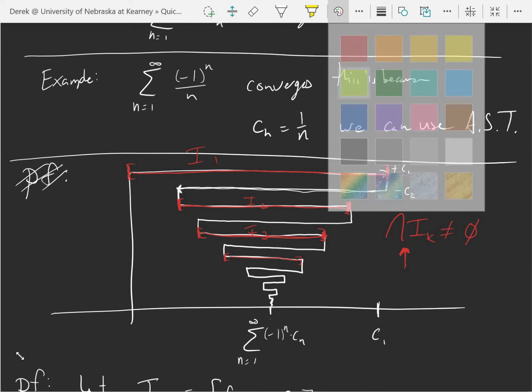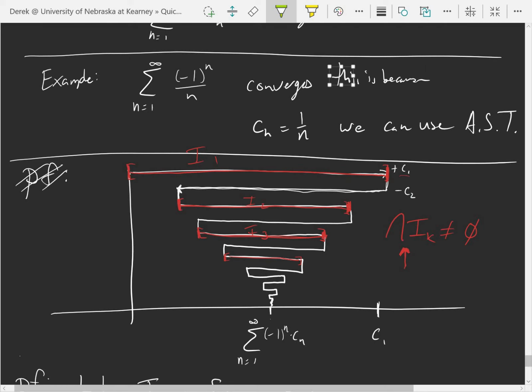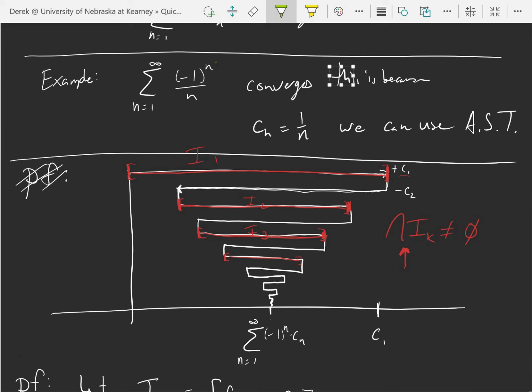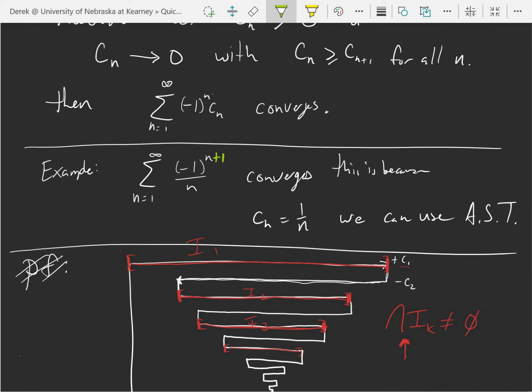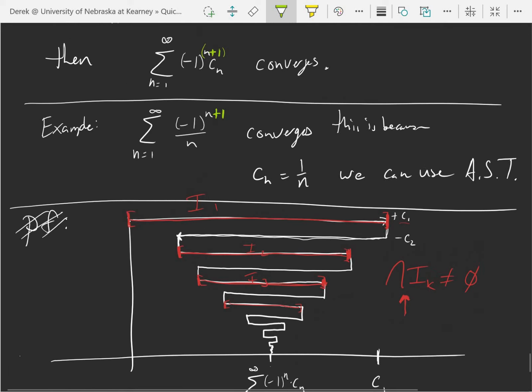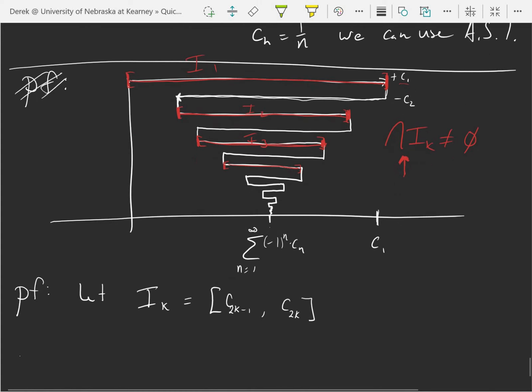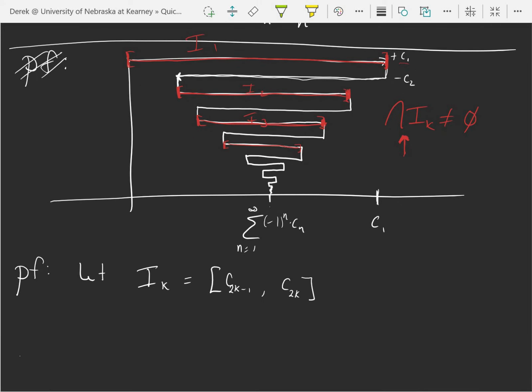Just because I added c sub 1, I should want my first term to be positive. I'm going to put a plus 1 right there and a plus 1 right there, so that my first term is positive, my next term is negative. It doesn't really matter which one you start with. We can just re-index things, but for my proof and my picture to match up, I'm going to put that plus 1 there.